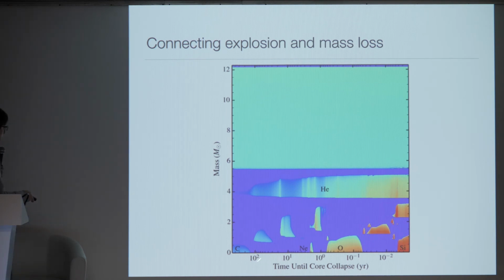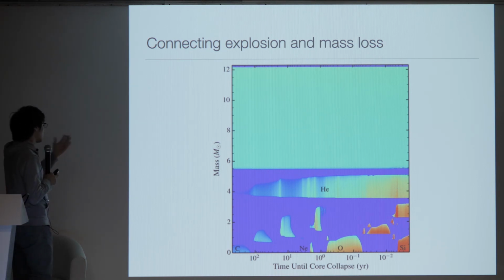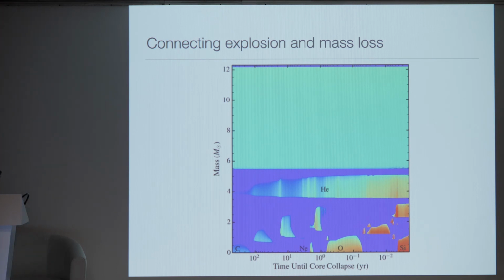And I was saying there should be some mass loss enhancement longer than 100 years before the explosion. And at 100 years, there's not much new thing happening. And the carbon burning is happening there. So after some carbon burning or shell carbon burning, somehow this mass loss needs to be kicked off, and then continue until the time of the explosion.